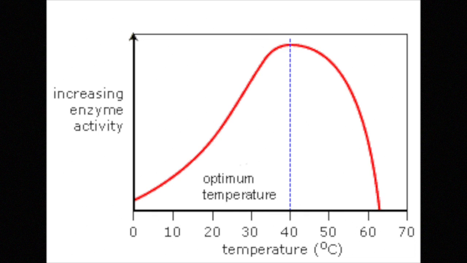What you're seeing here is a graph of the enzyme activity in humans. The line here represents 40 degrees Celsius, and when the temperature goes over 40 degrees Celsius, the enzyme activity suddenly decreases.